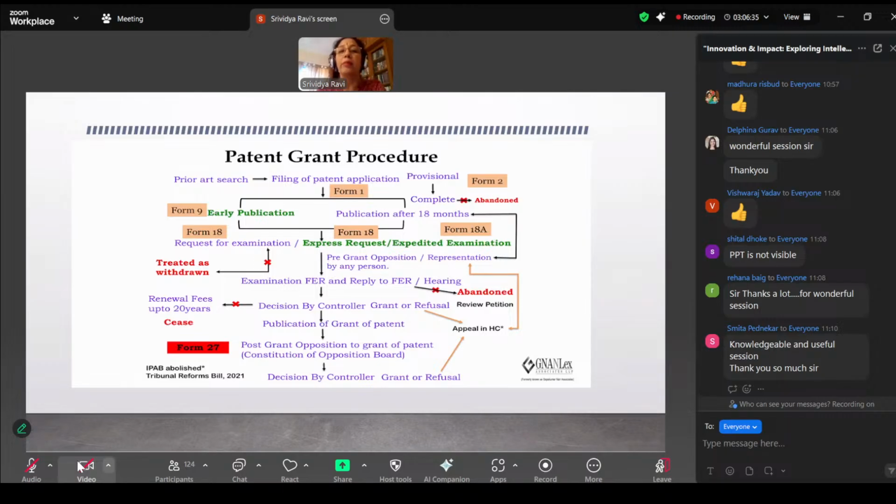Now, why do you do a prior art search before you file for a patent application? It is because you want to find out if any document in the public domain discloses something that is the same or similar to your invention. Now, what is the demand of the patent office? They say an invention should be something new. It should not be known to anybody in the world.